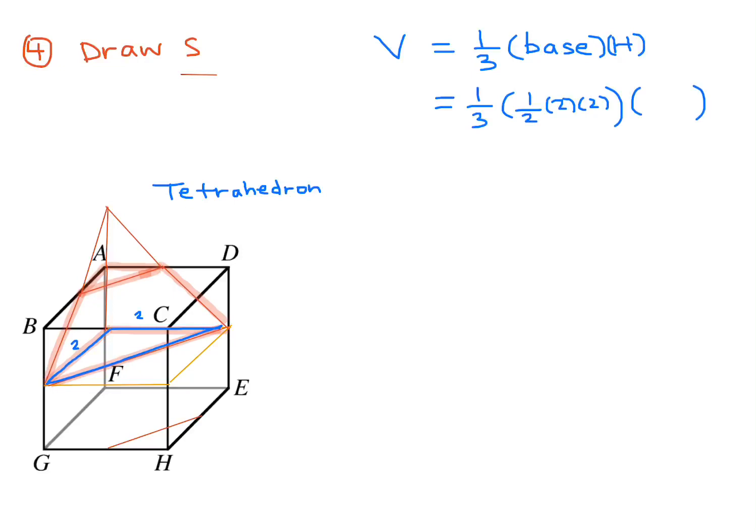Okay? The height, however, is something we have to figure out. The height of this tetrahedron is this guy right there. How do we figure that out? Well, the good news is that we have a little bit of that information. If we use similar triangles, we can figure out the rest. From the very top till here, I'm going to call x.